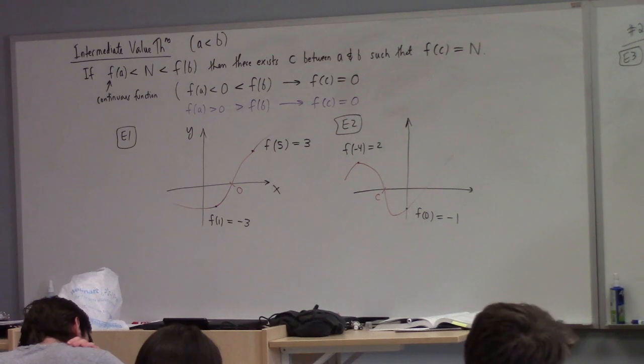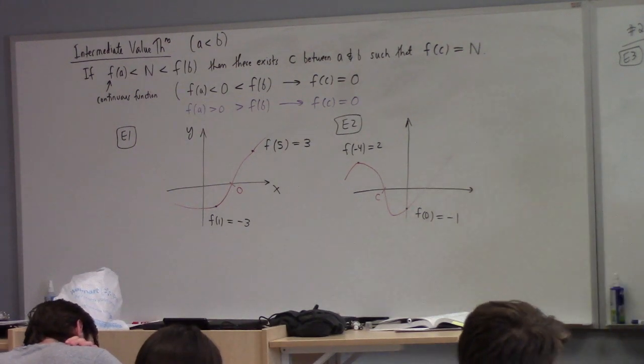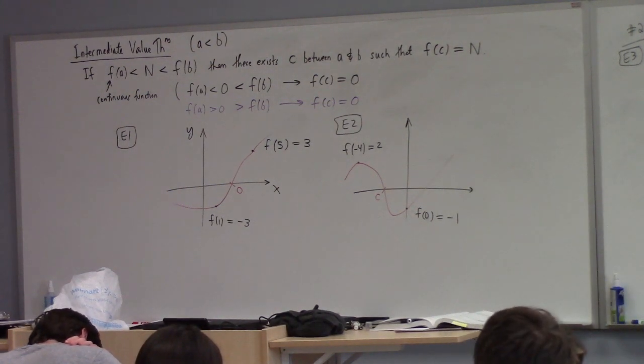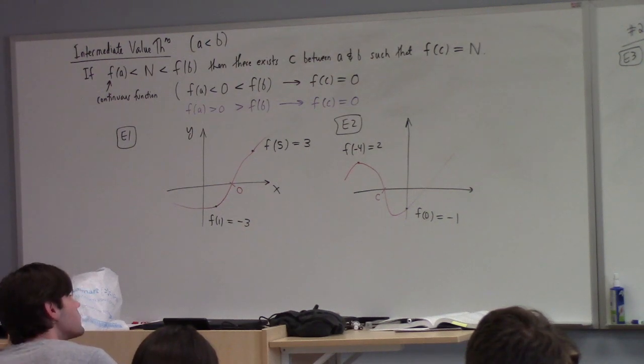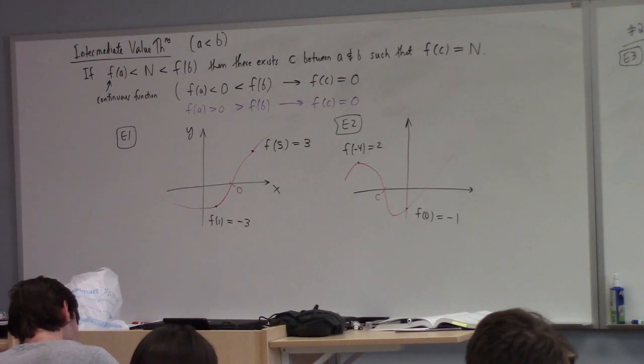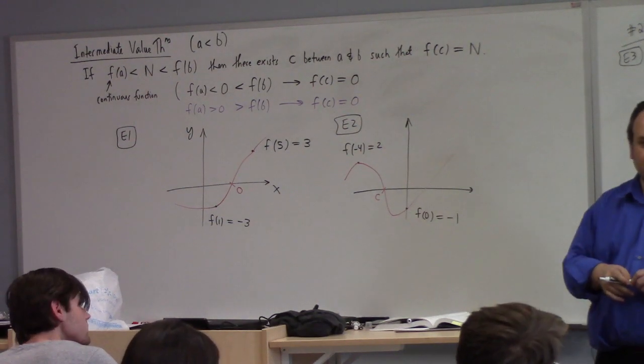Does that have any rational zeros? Well, you can factor it, right? f of x is x plus root 2 times x minus the square root of 2. So x equals plus or minus square root of 2 are zeros of the function, which is to say they're roots of the function.